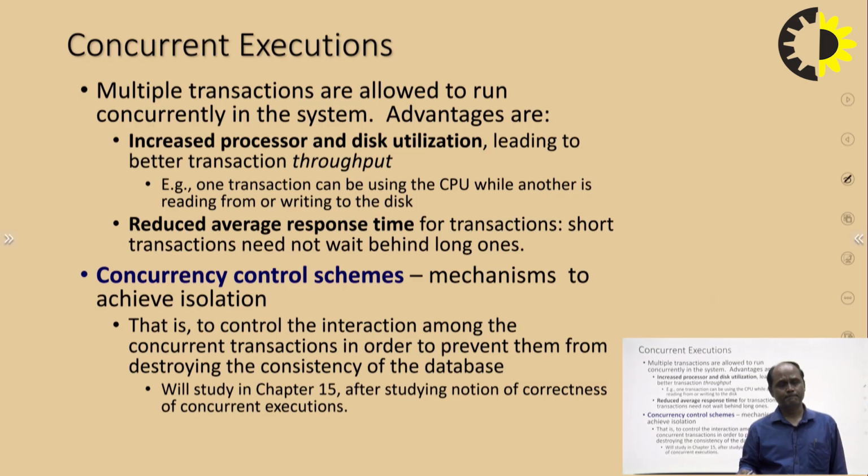In a bank there are many accounts. In a particular branch, we have a number of accounts that can be accessed at a time. So multiple transactions can be executed at a particular time. This is called concurrent execution of transactions.